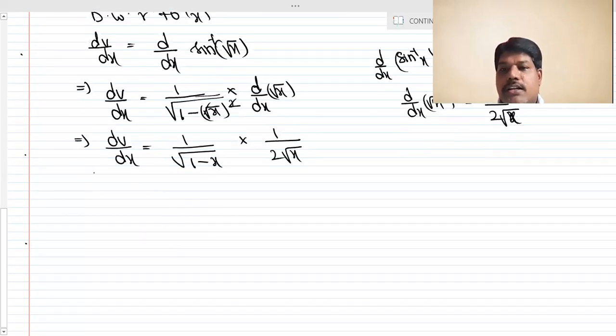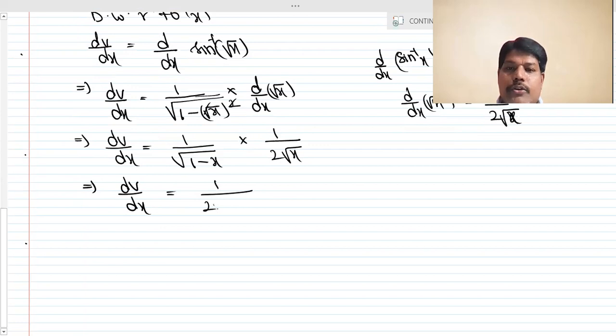That implies dv by dx is equal to 1 by 2 into root of, just multiply root x into 1 minus x. X into 1 minus x becomes the square root of x minus x square. So this is equation number 3.